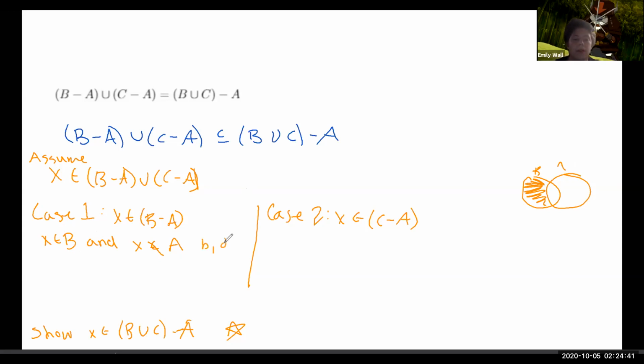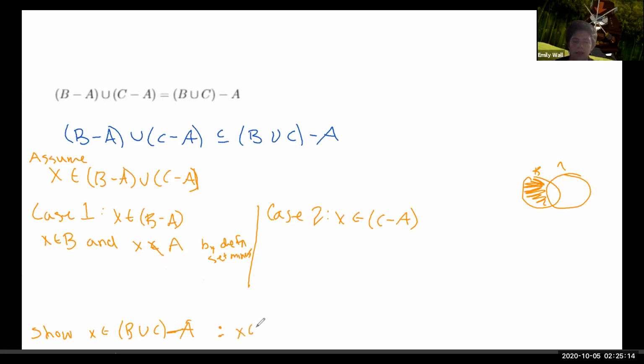I'm going to run out of room, but imagine I wrote the definition here. So now we're at this step. We used all the operators we had to work with, but where are we trying to get to again? We want x in B union C minus A. We can think about how to write this out too.